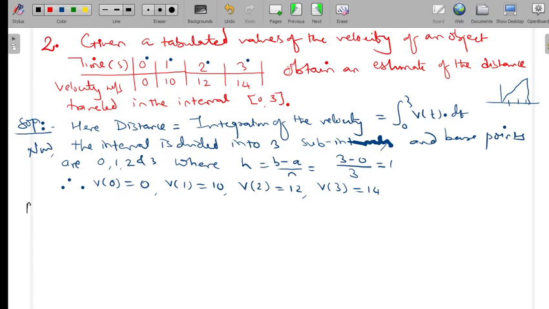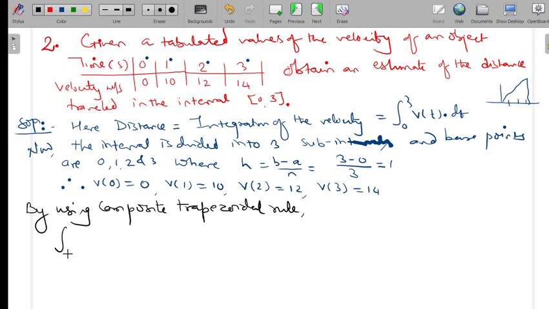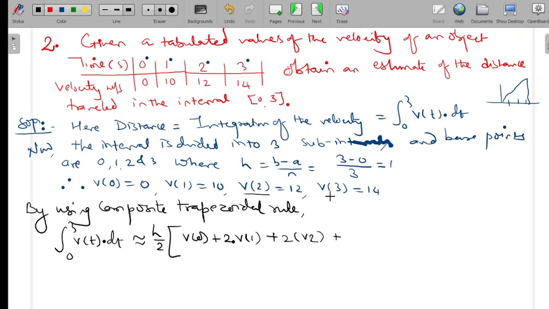Now by using the composite trapezoidal rule, integration of 0 to 3 v(t) dt is equivalent to h by 2 times v0 plus 2 times v1, plus 2 times v2, plus what is left, v3.